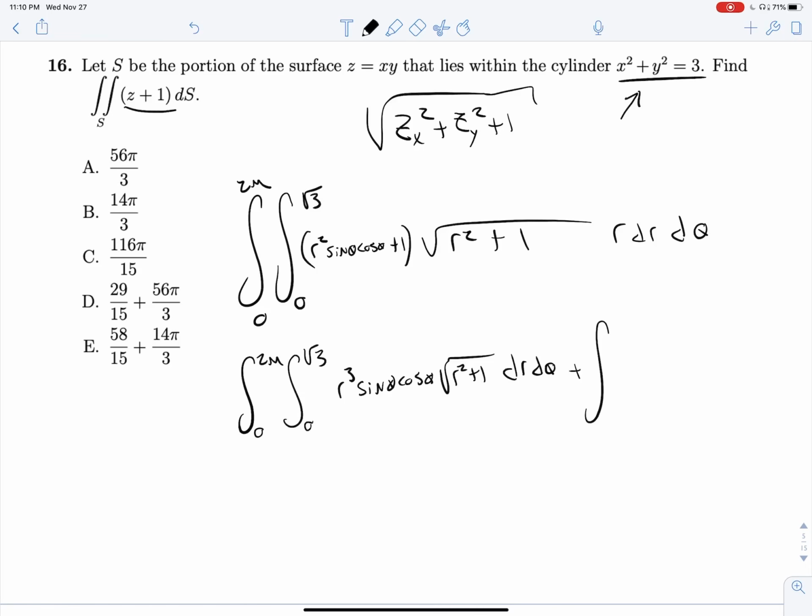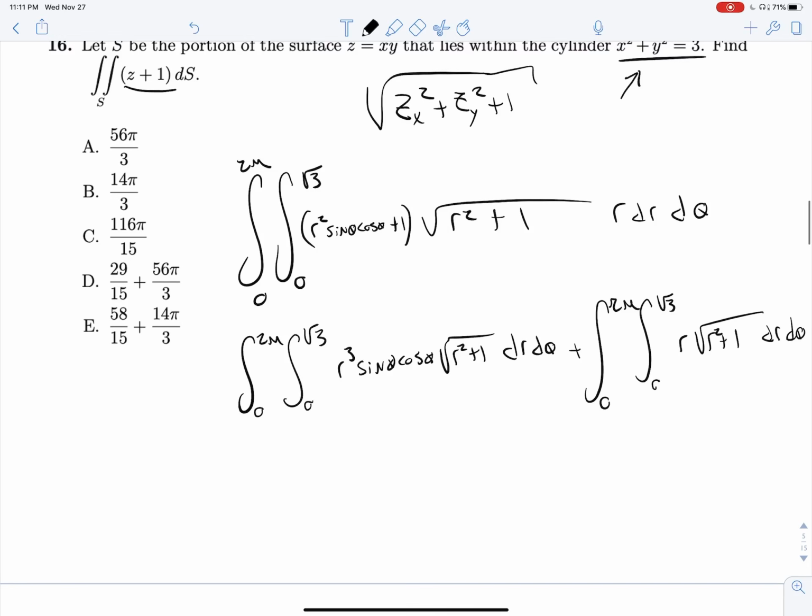And then to that we're adding the integral from 0 to 2 pi and the integral from 0 to root 3 of, well, that's just going to be r root r squared plus 1 dr d theta. And at this point, it would be very, very nice if this whole integral worked out to 0. And in fact, it is our lucky day.